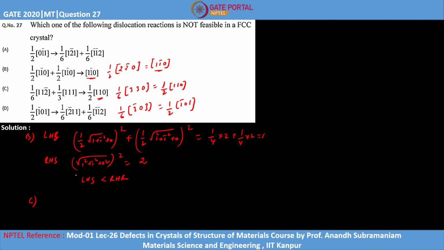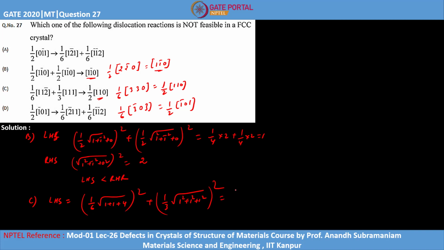Option C, if you have a look, we'll have LHS equal to 1 upon 6 under root 1 plus 1 plus 2 bar to the whole square will give you 4, and 2 whole square, plus 1 upon 3 times under root 1 square plus 1 square plus 1 square to the whole square.